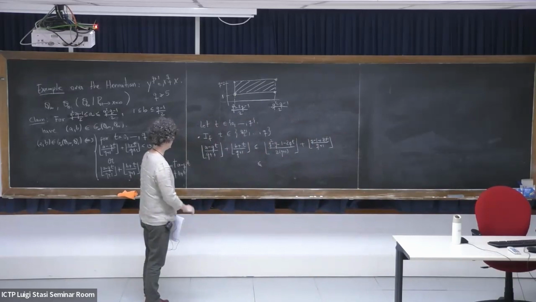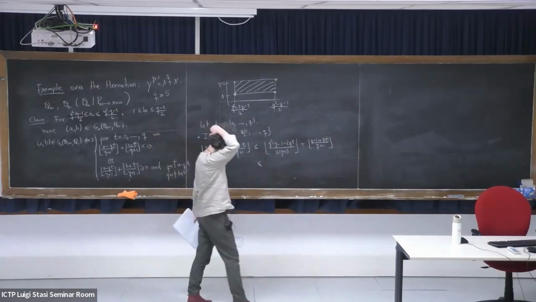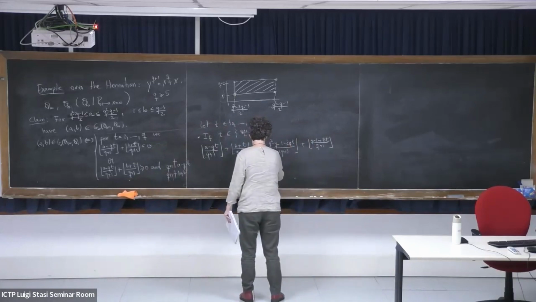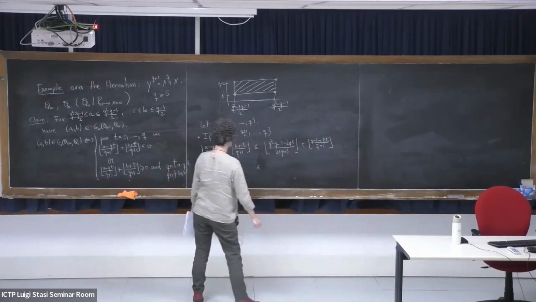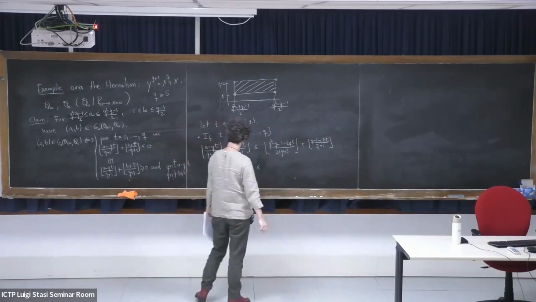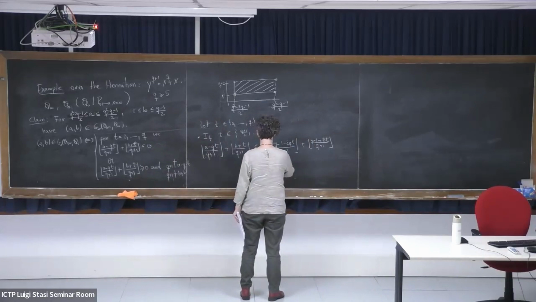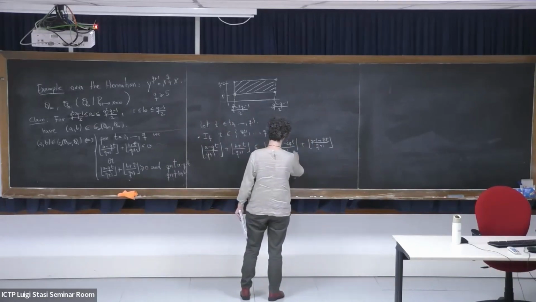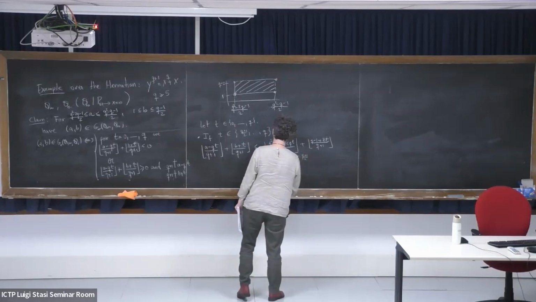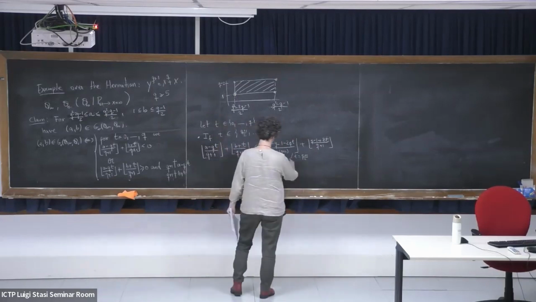T is always larger than this, so minus T is smaller than this, so I can just put here Q squared minus Q minus 1, and we just take now T equal to Q plus 1 over 2.